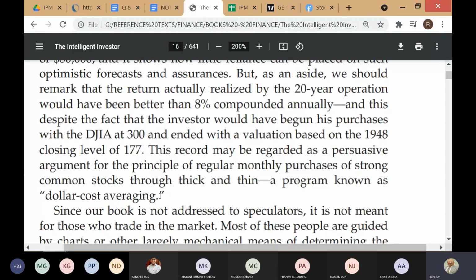Mayank, if I did not mention SIP here, that would not be correct, because students need to make the connection between what they have seen. Many of the students did their summer internships at stock brokerages or maybe financial planning companies. They need to understand that dollar cost averaging is nothing but SIP.